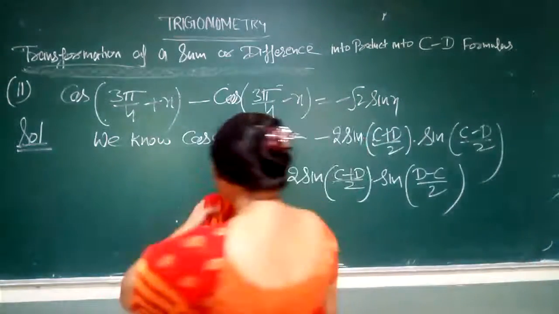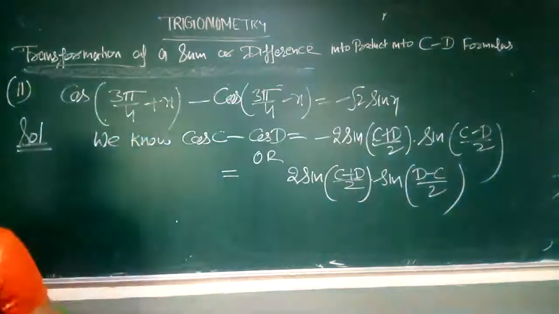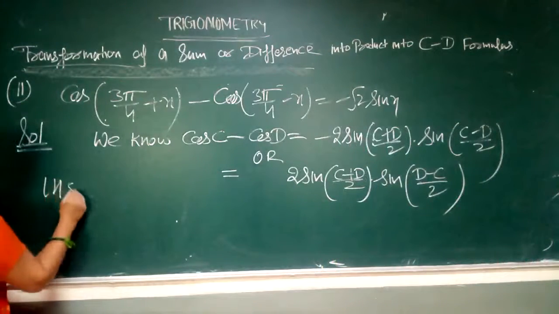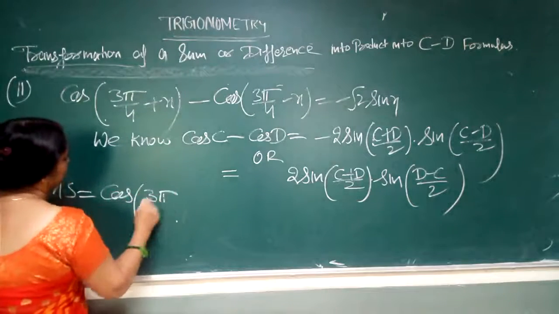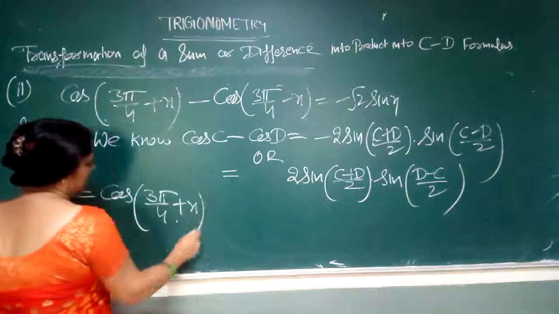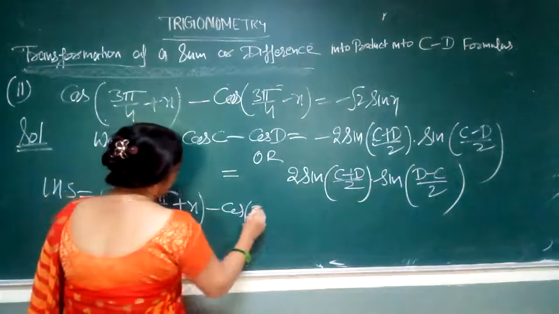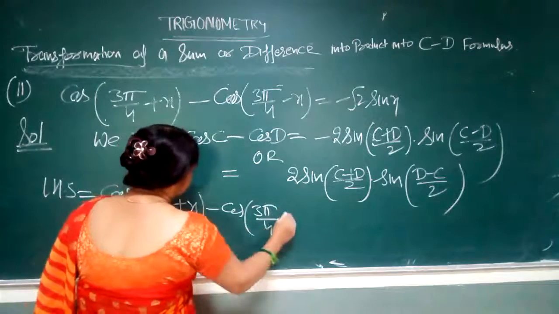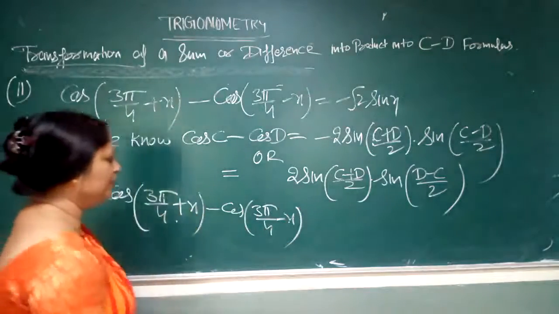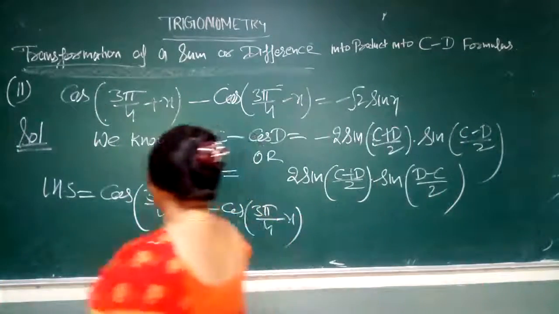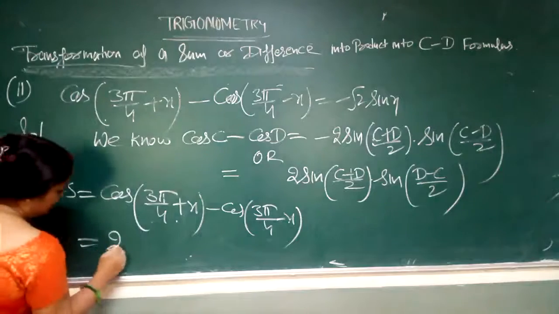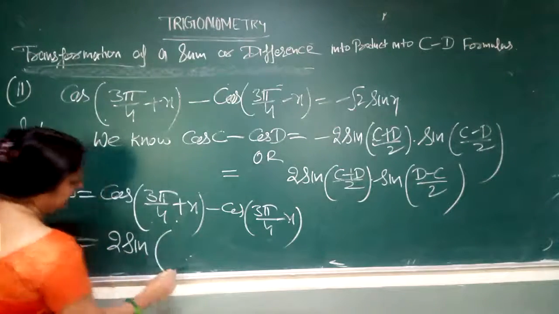Now we will apply this formula in the question. What is the left hand side? It is cos of 3 pi by 4 plus x minus cos of 3 pi by 4 minus x. Applying the formula, it will be 2 sin of C plus D upon 2.